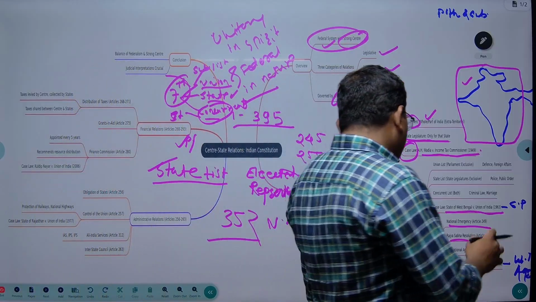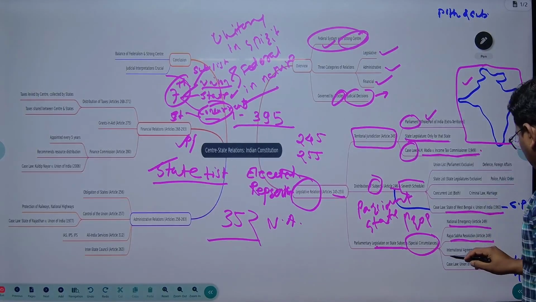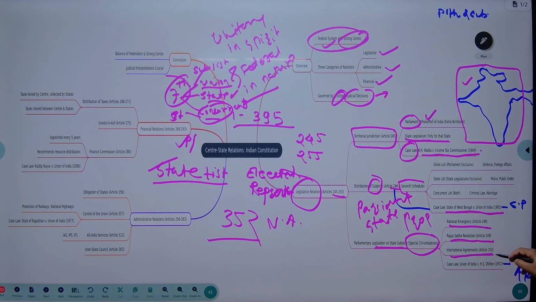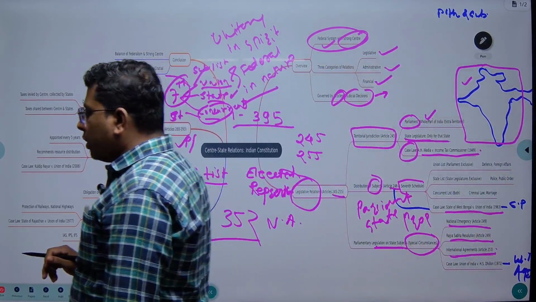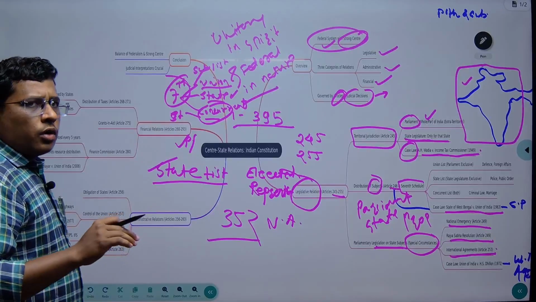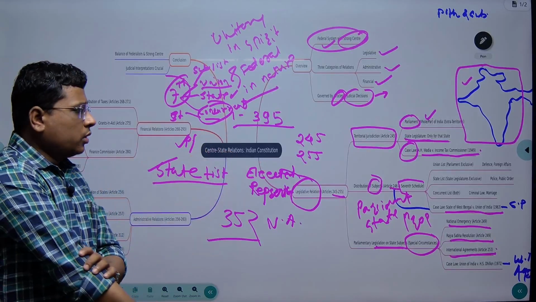After that, international agreement under Article 253. It means India has international relations with foreign states.